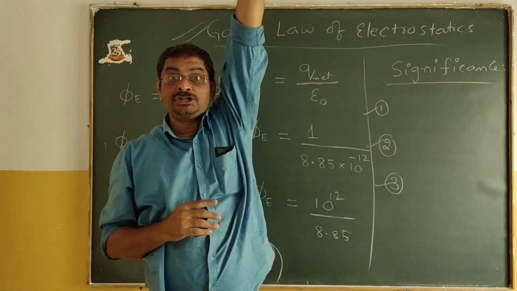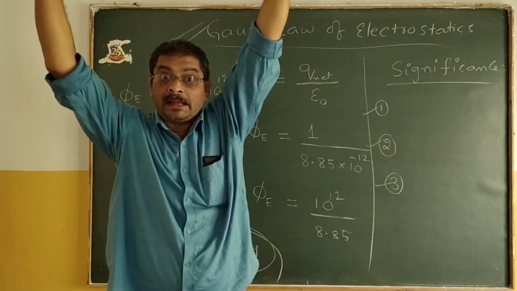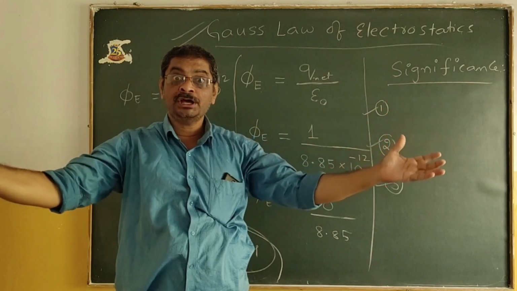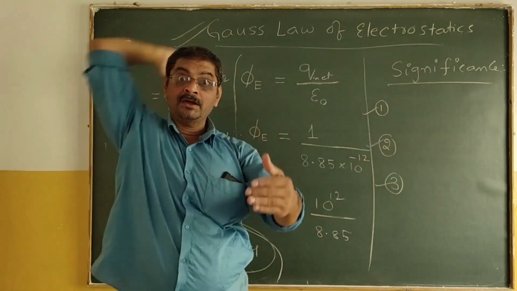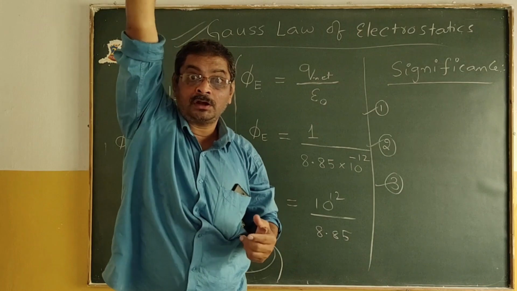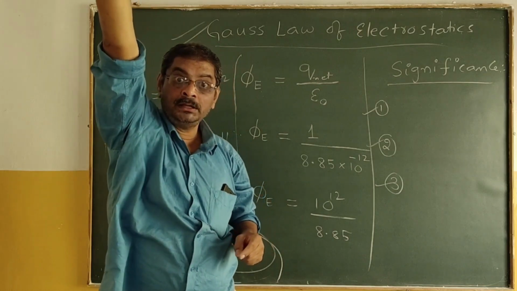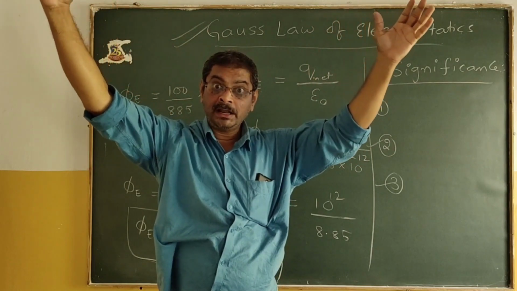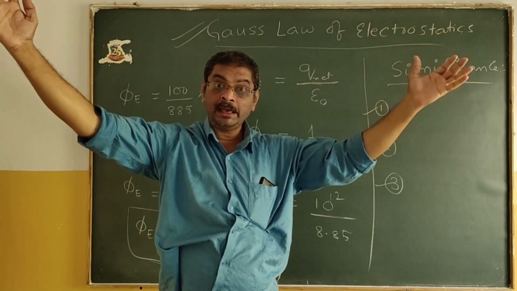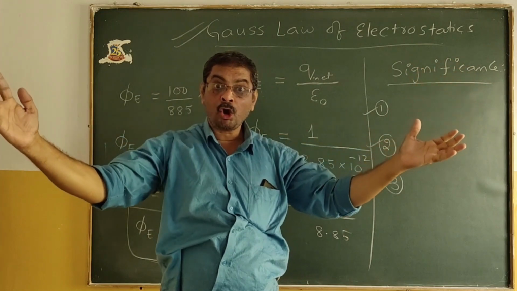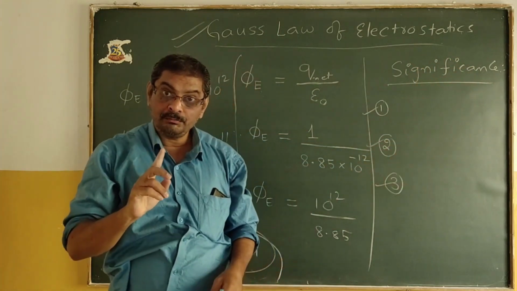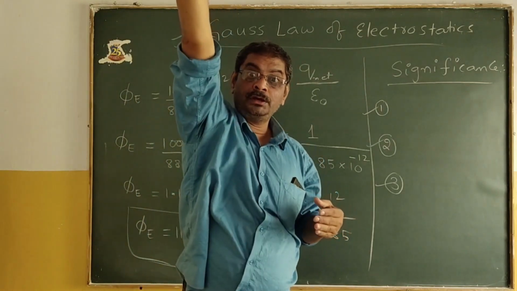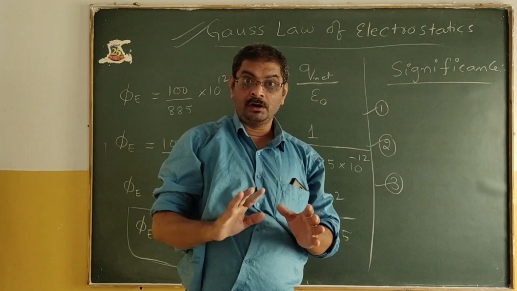Whenever the net charge enclosed by the Gaussian surface is positive, the electric flux will be radially outward. Whenever it is negative, the electric flux will be radially inward.